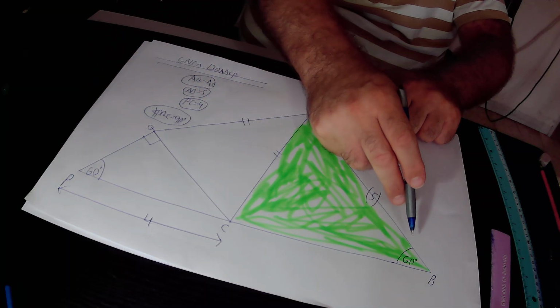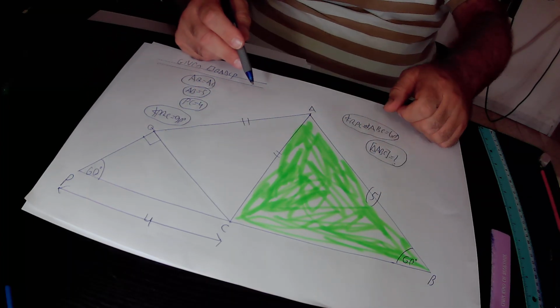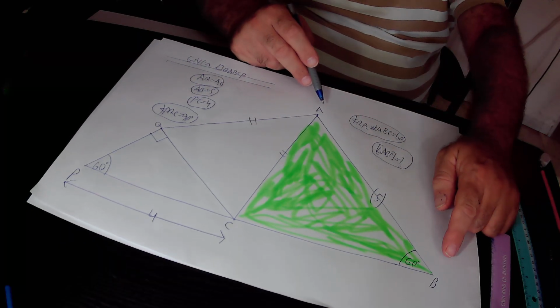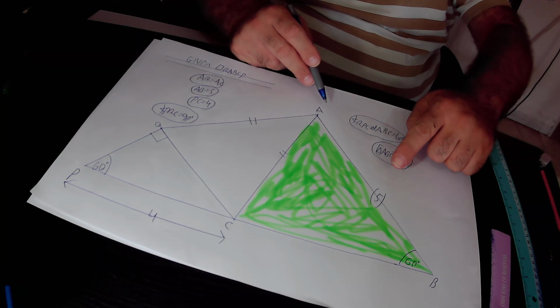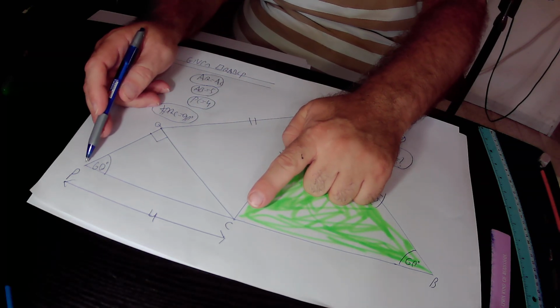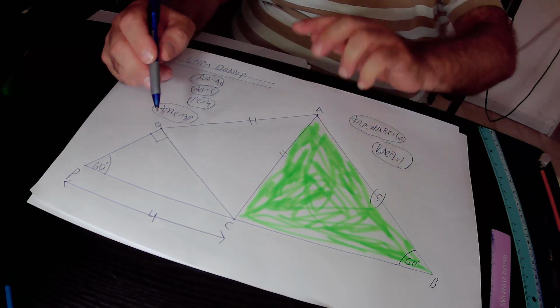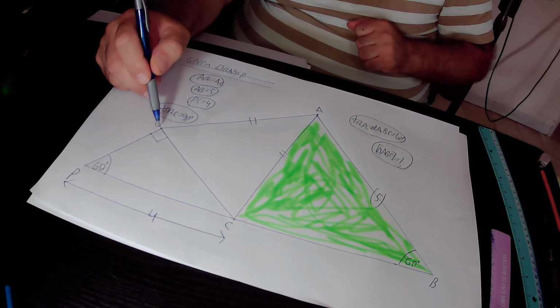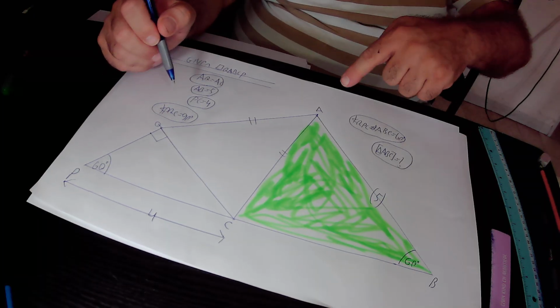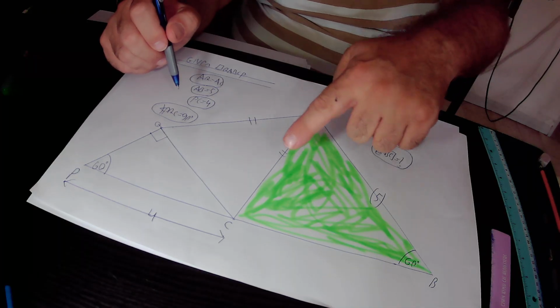This is angle ABC, that is also equal to 60 degrees inside. This is line segment AB, that is equal to 5 units in its length. This is line segment CP, that is equal to 4 units in its length. And this is again PQC, that is the right angle. Again, our task is to find out the area of this green triangle, triangle ABC.